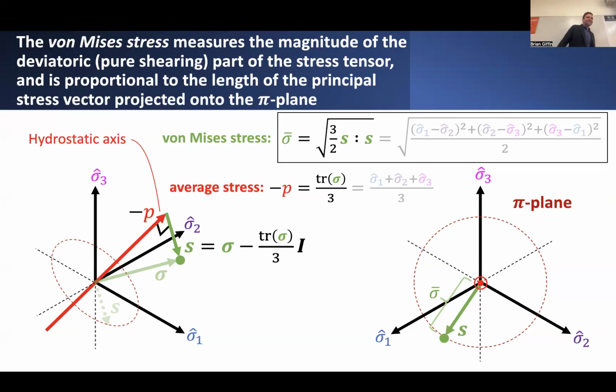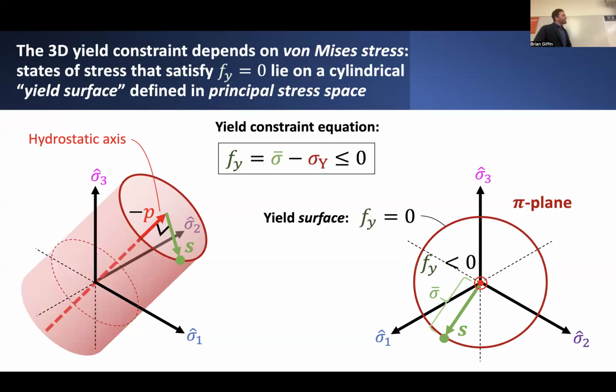Now, what this means is that we can choose to define this von Mises stress as the particular measure of stress that we will use to come up with a criterion for when plasticity will occur. And that's exactly how conventional models of elastoplasticity in these continuum formulations are constructed.